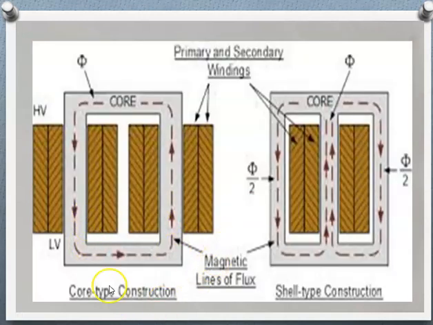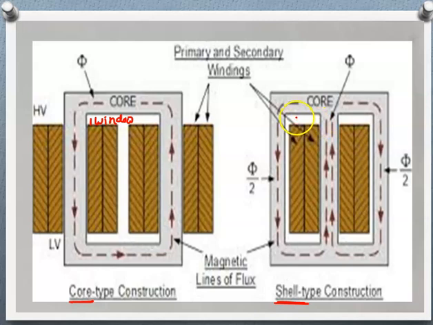See here, we have these two types of core construction. One is called core type and another is called shell type. Core type means having only one window. This open space inside a core is called a window. So this is the window. Here we have only one window.